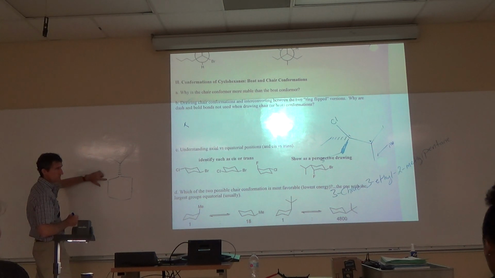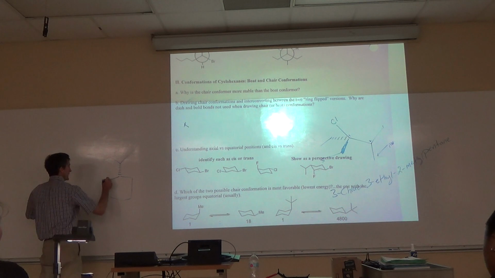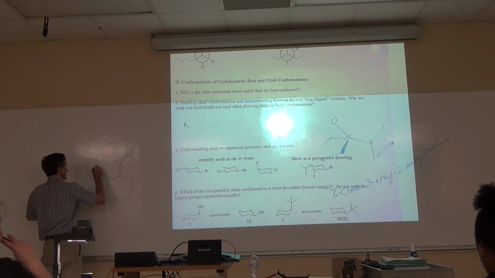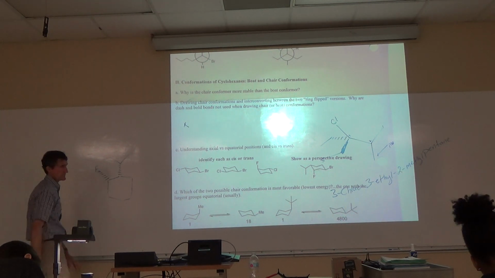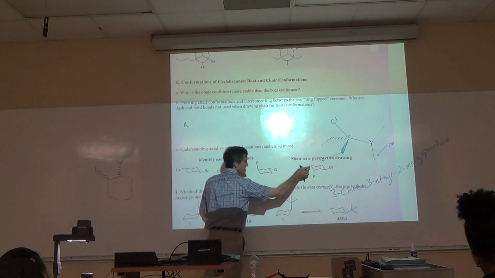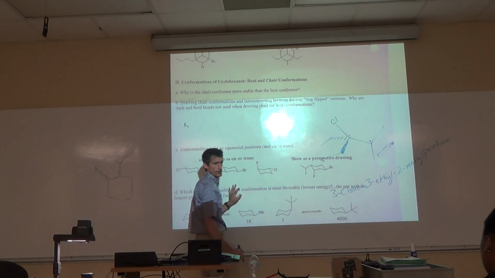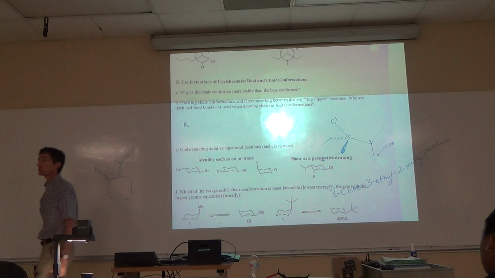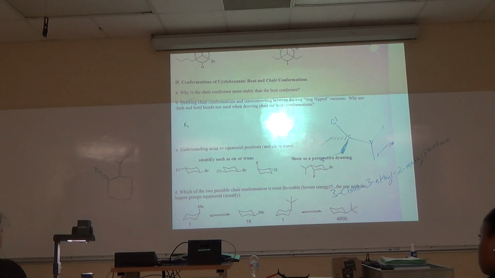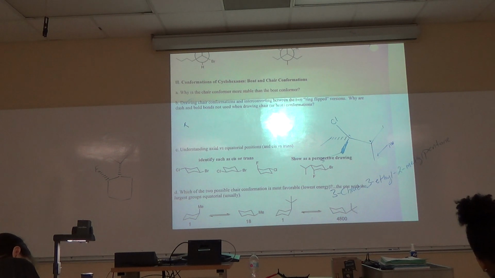Bold. Oh, it needs to be dashed. Slow down. Is the isopropyl and the fluorine cis or trans? They're cis. So we need to draw them cis over here. We're drawing the same compound.